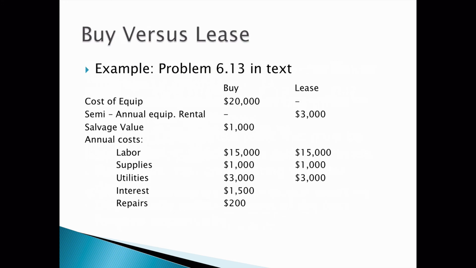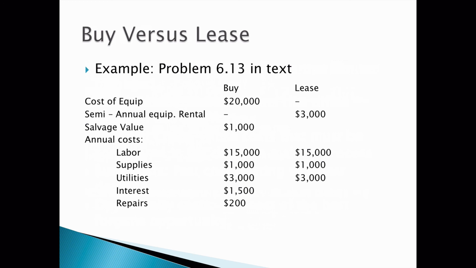And then we have examples. These are buy versus lease, or rent versus own, or repair versus buy new. It's just a decision-making process between two alternatives. And this is what the book would give you in problem 6-13. We have the cost of equipment of $20,000, and then we have semi-annual equipment rental. Semi-annual means 2 times a year.